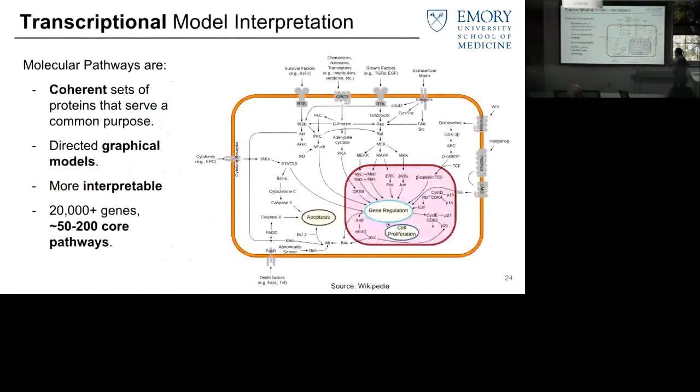The other model we looked at is the transcriptional model, the expression model, which looks at which genes are active and which are not. Instead of looking at individual genes, all 20,000 of them, we decided to be realistic and look at patterns, how these genes interact with each other.